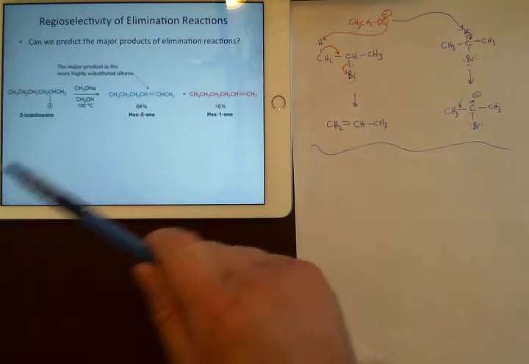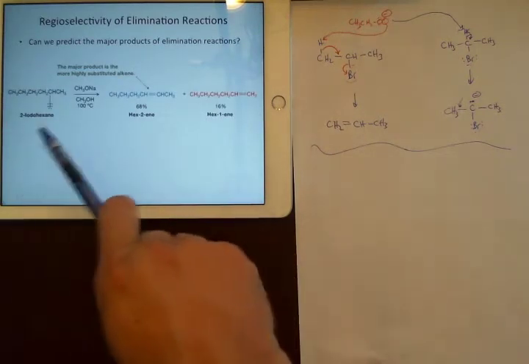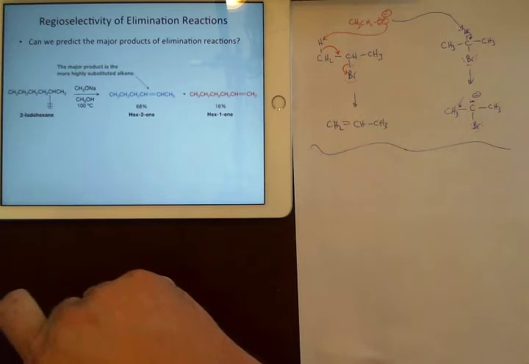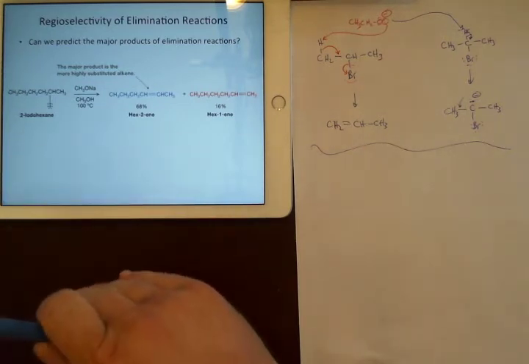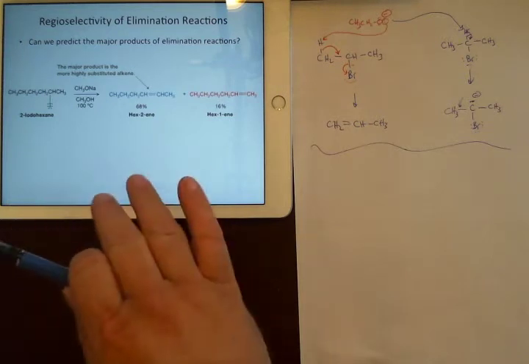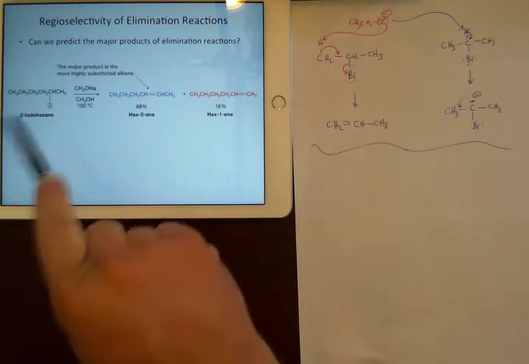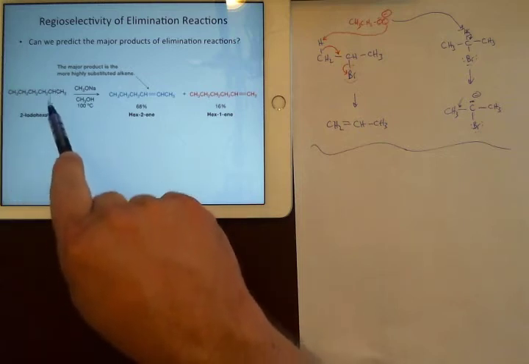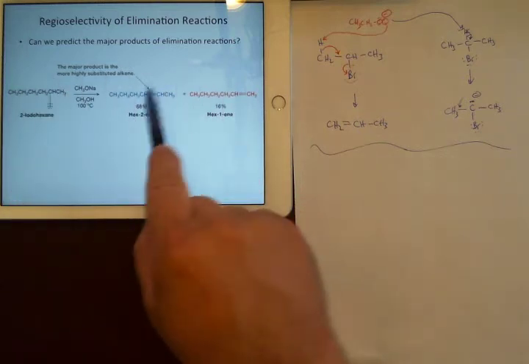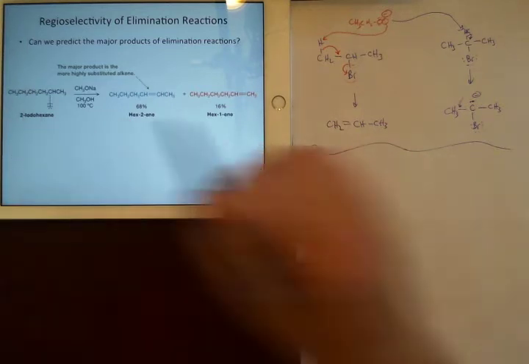Okay. Now there is going to be selectivity here. For the previous reactions, the molecule was symmetrical, so no matter where it took the hydrogen, you would always get the same product. But if the molecule is asymmetric around where the halide is, you're actually going to get a mix of products. So this is hexane.